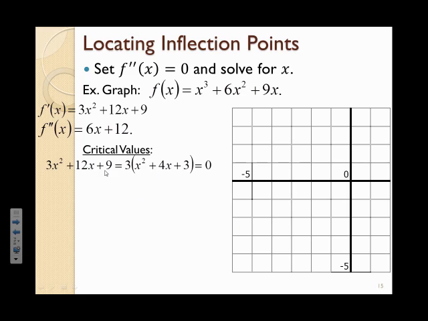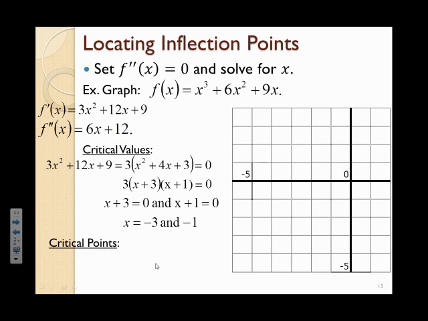If we set it equal to 0, the first derivative is 3x squared plus 12x plus 9. We can factor a 3 out of that to make this easier and set it equal to 0. Now we can factor this, or you can use the quadratic equation or the discriminant and solve it. If we factor it, we get 3 times (x plus 3) times (x plus 1). Then we set each of these equal to 0 and find that our critical values of x are at minus 3 and minus 1.